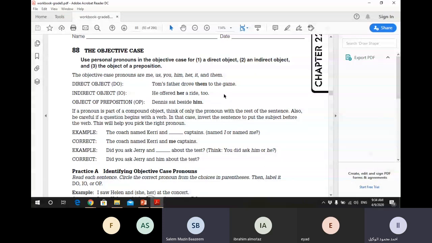Invert the direct object with the indirect object. Keep the subject and the action verb as they are, and just invert the indirect object with the direct object. So, he offered a ride to her.